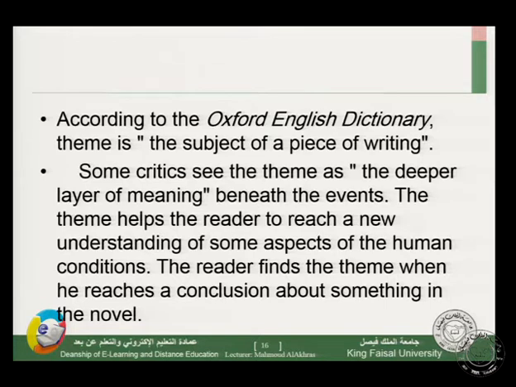The theme helps the reader to reach a new understanding of some aspects of the human condition. The reader finds the theme when he reaches a conclusion about something in the novel. So it's a kind of conclusion, the subject of the novel, or a general concept in the novel.